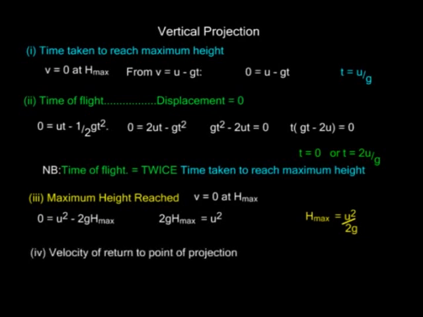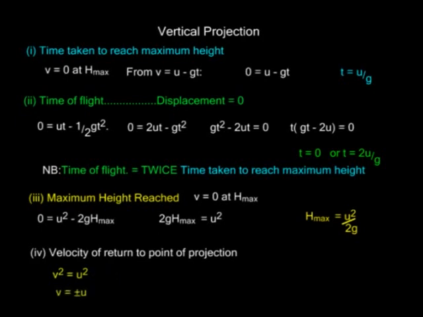Finally, velocity of return to point of projection. Now, at the instant the projectile returns to its point of projection, its total displacement is 0. And thus, v squared is equal to u squared minus 2gh reduces to v squared is equal to u squared.